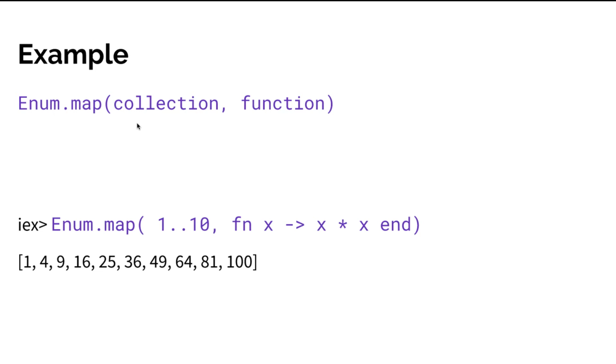If we wanted to get the squares from numbers 1 to 10, we can do that like this: Enum.map, our collection, the range 1 to 10, and then an anonymous function x, which is for every value in this range, yields x times x, multiplied by itself. So the output is the squares, 1 to 10.